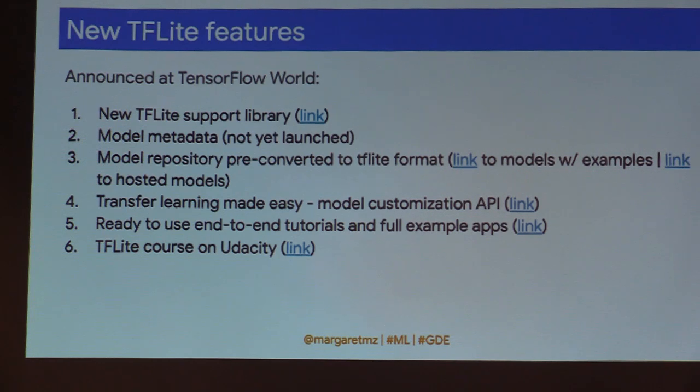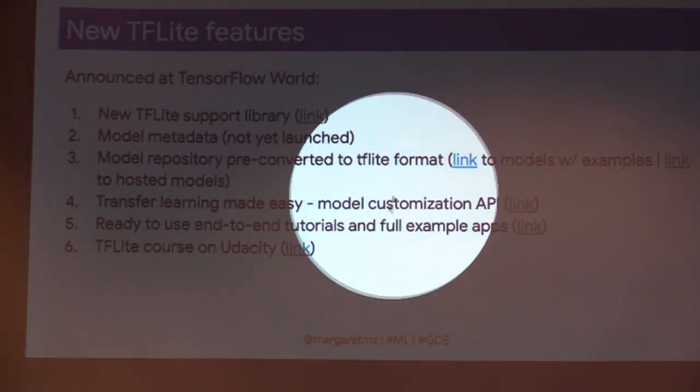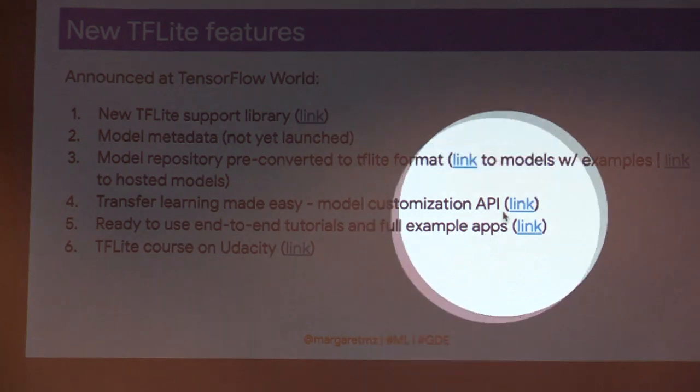This model customization API allows you to just point to a folder of all your images. I think it does use transfer learning and retrains a model. And I think the library also does the data pre-processing, so you will find the model training part pretty easy. And then there are more examples which I'll mention.